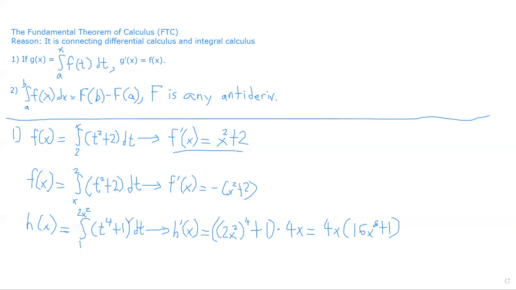Let's do one more. So g of x is equal to, this time it's going to be the integral from sine x to e to the power of x of t squared dt.